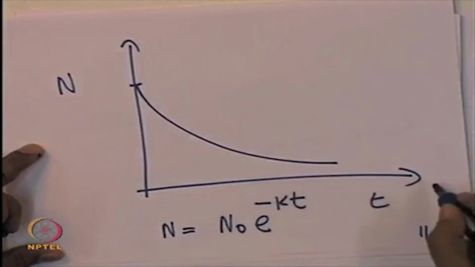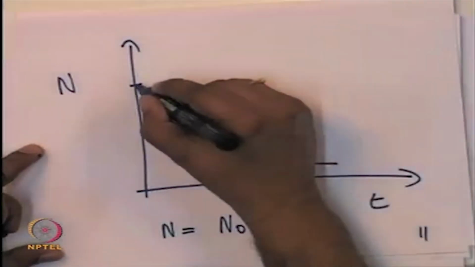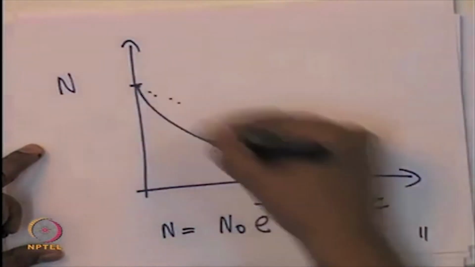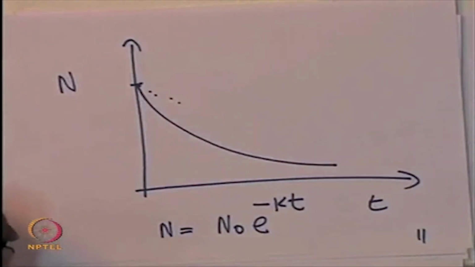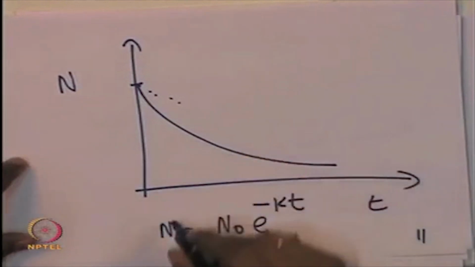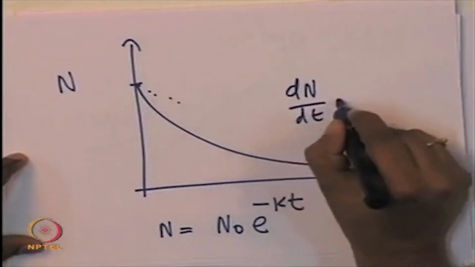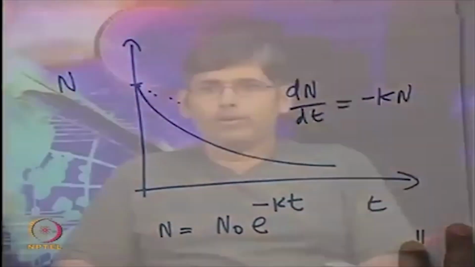As time goes, the number decreases exponentially. If it was a straight line, we would have got something like a straight line like this, but here it is exponentially decreasing. So, this equation n equal to n0 e power minus kt is a solution of dn by dt is equal to minus k times n. So, this is the case that we discussed.